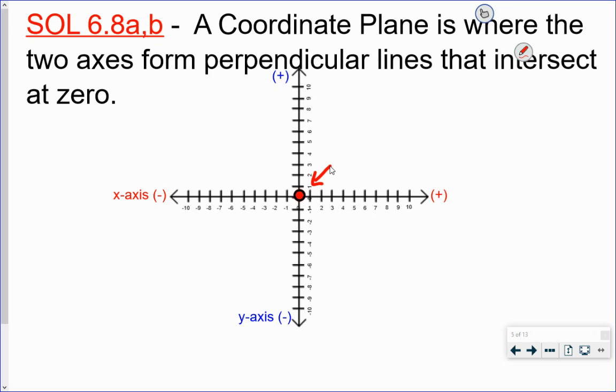So 0 for the x number line and 0 for the y number line. This is where that is, 0 for both, and that's where they intersect. So you have a number line going east and west, or side to side, and you have a number line that is going up and down, or north and south.